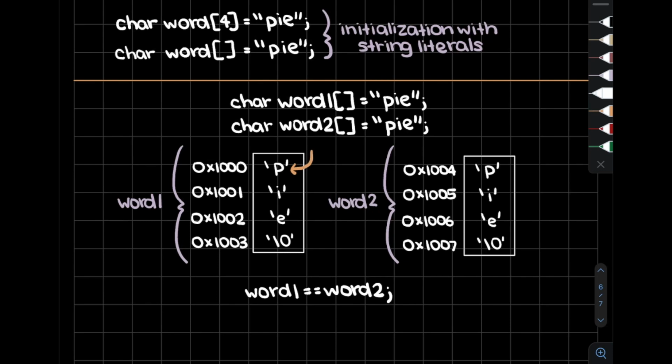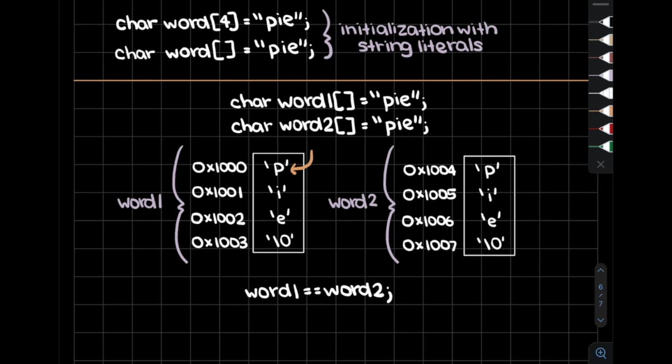Now let's take a look at this example as a whole. So we have two C-style strings, word1 and word2, which both represent the word pi, and we have the expression word1 double equals word2. If we didn't know how array decay worked, we would assume that this expression evaluates true, right? Because word1 is pi, word2 is pi, these are the same string, and therefore they must be equal. But in reality, this expression is false, and this is why. As I mentioned before, when we try to get the value of word1, we don't actually get the string, we get a pointer to its first element.